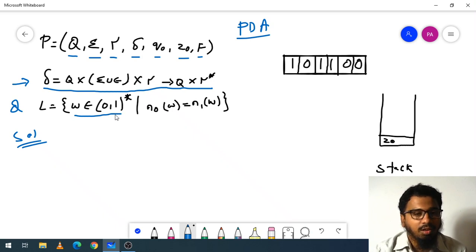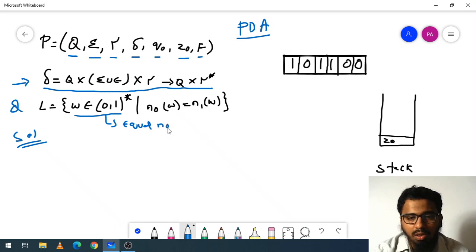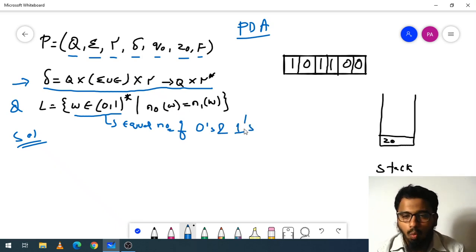What does it mean? This is telling us there are equal numbers of zeros and ones.